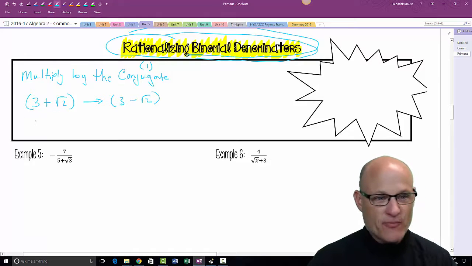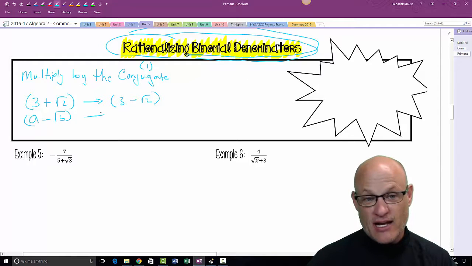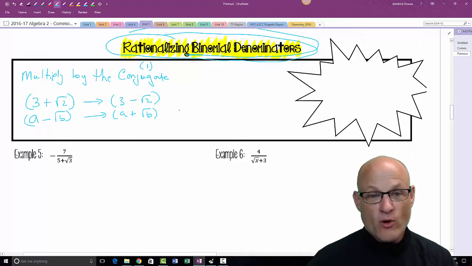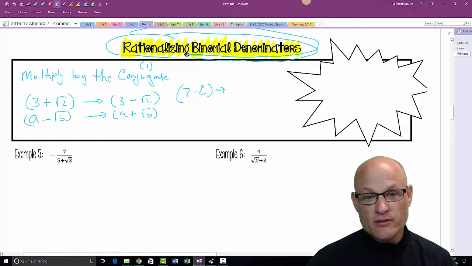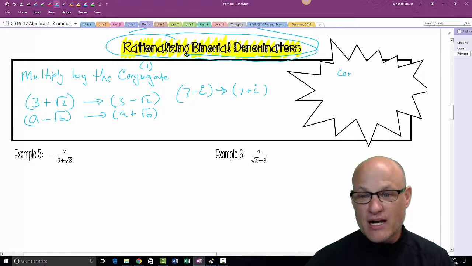What if I gave you a minus the square root of b? Its conjugate would be a plus the square root of b. What if I gave you 7 minus i? Its conjugate would be 7 plus i. So, new vocabulary word: conjugate.